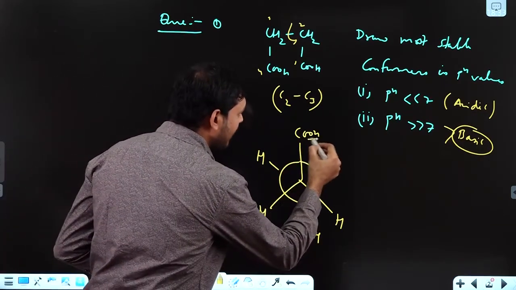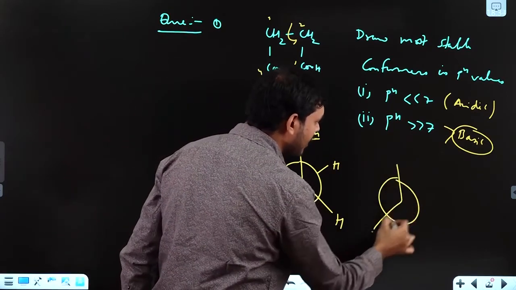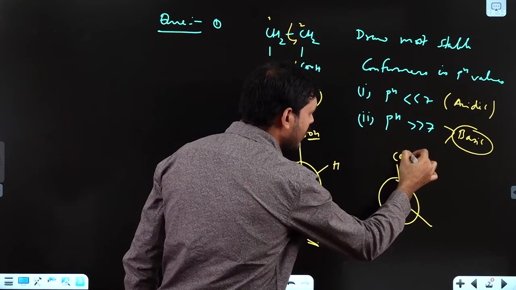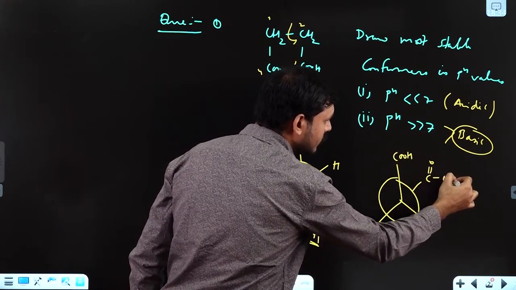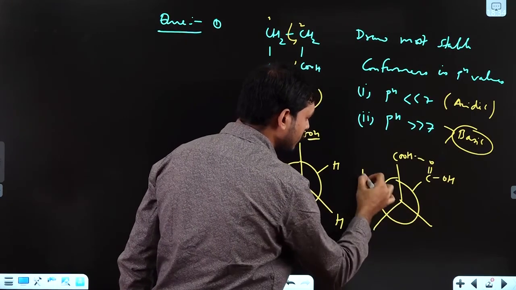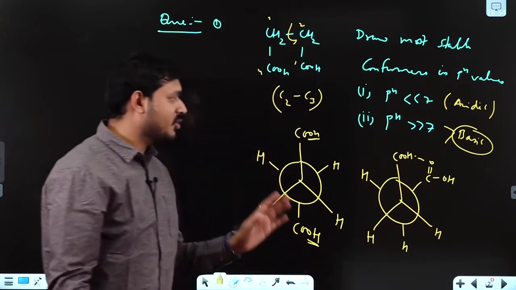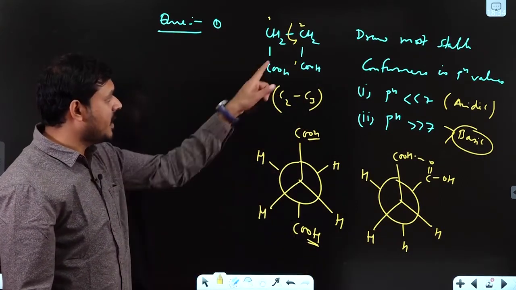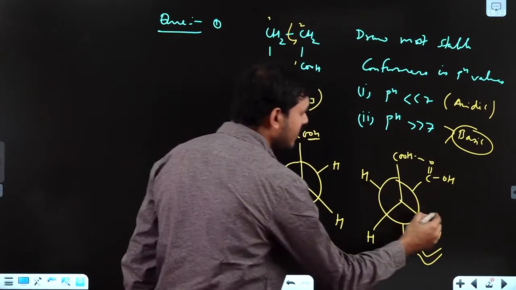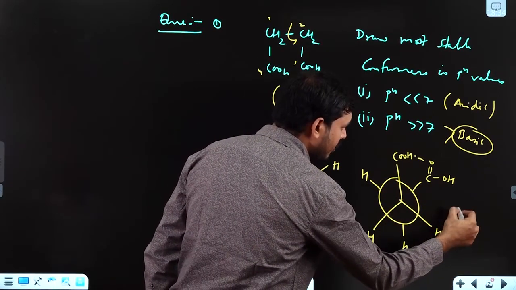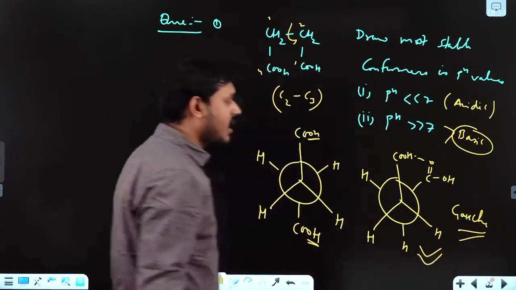Because it is having OH, it is again having OH, so the most stable form will not be fully staggered, rather it will be partially staggered, or you can say gauche. Here the most stable form in acidic medium will be this one, right? Why this one? Because it is gauche, and here we can observe intramolecular hydrogen bonding.